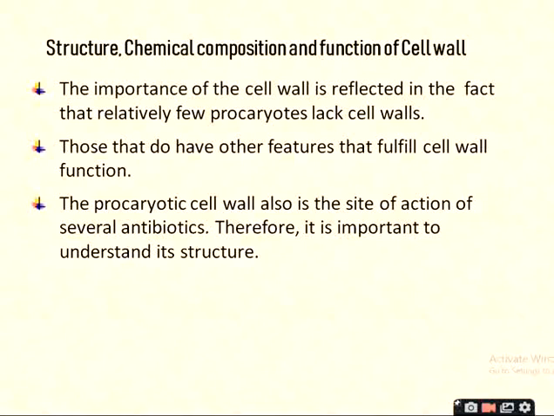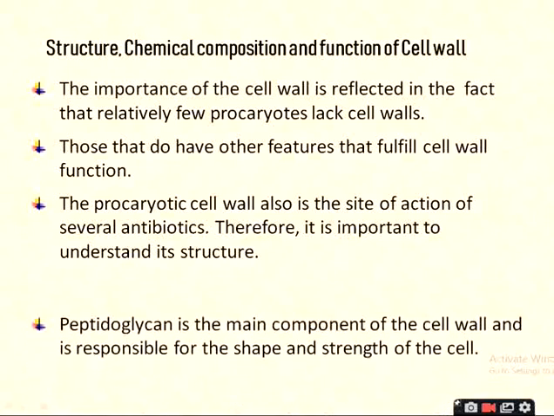But there are some broad spectrum antibiotics which will kill both gram positive as well as gram negative organisms, and they specifically act on the cell wall of the bacteria. Is it okay? Therefore, it is important to understand the structure of the cell wall.